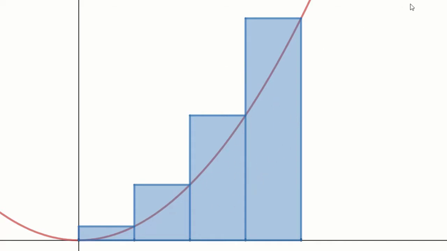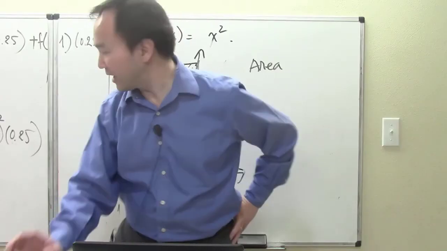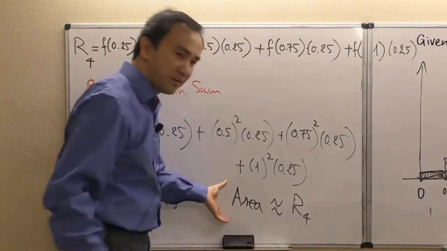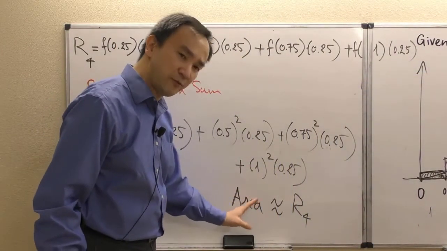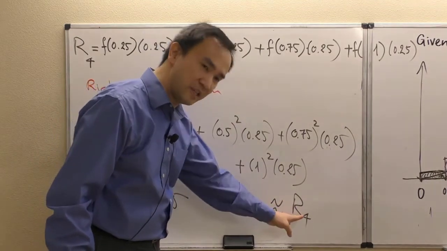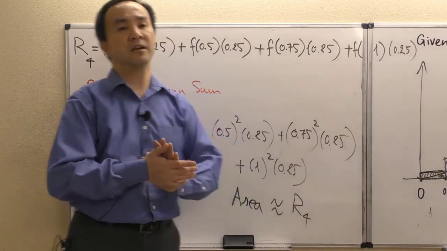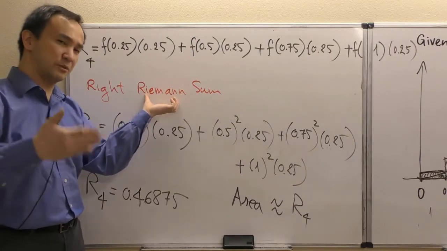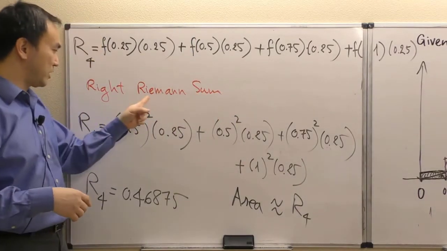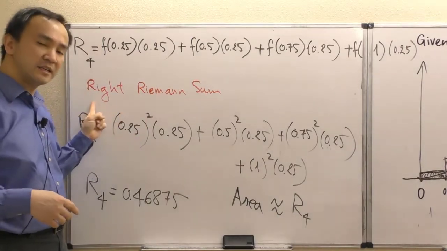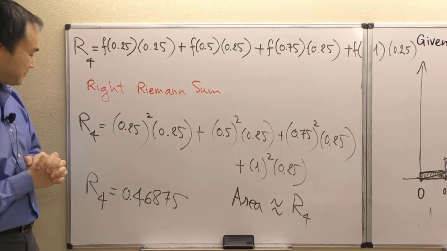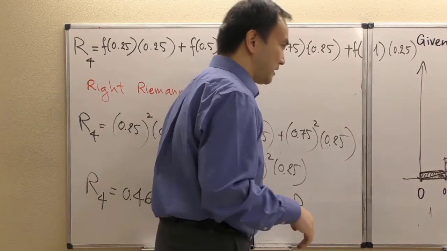And that's the reason why, back to what I said earlier, the actual area that we're aiming at can only for now be approximated by the answer from R4. And again, R4 is the sum that we call specifically the Riemann sum. But we obtain that Riemann sum by picking the right endpoint on each subinterval.